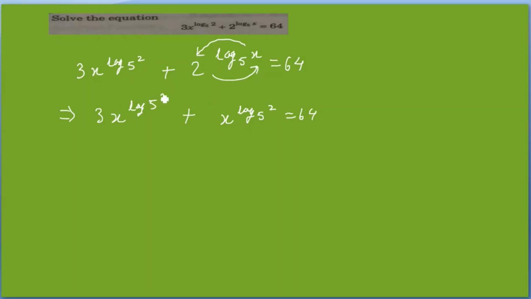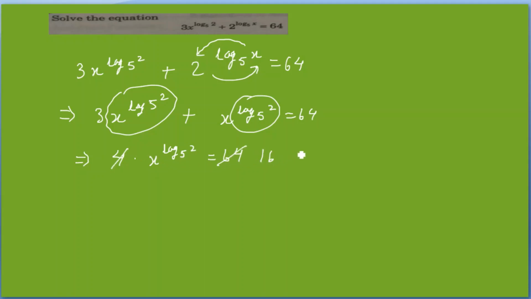And now you can see this term is similar as this term, so we can write 4 times of x to the power log 5 is equal to 64, and cancelling this we will get 16.